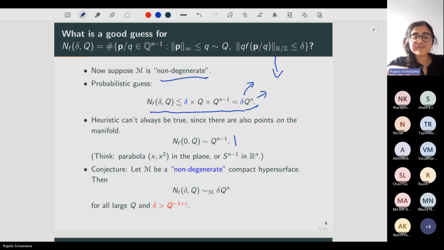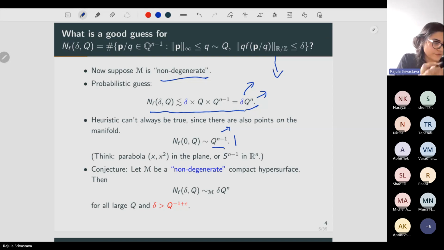Or, for example, on spheres in R^n also, you find this many points, and that's not a trivial fact. You have to use the Hardy-Littlewood method to figure this out. But the point is, some kind of correction term is needed, and it seems this is a good term for that.